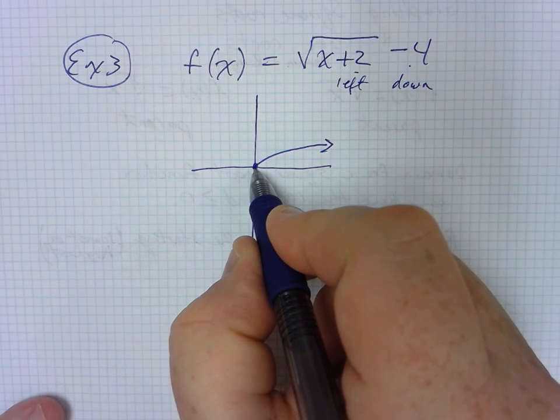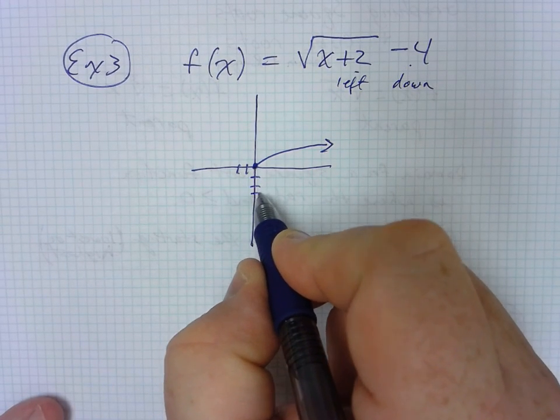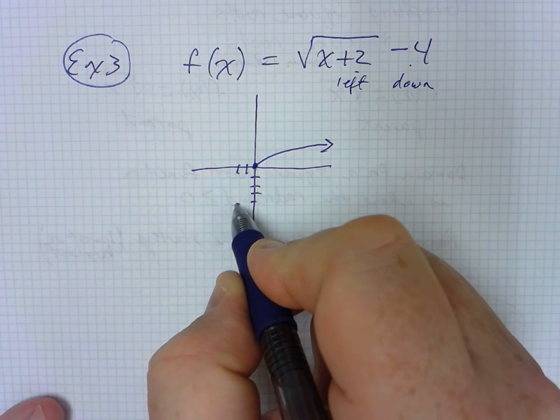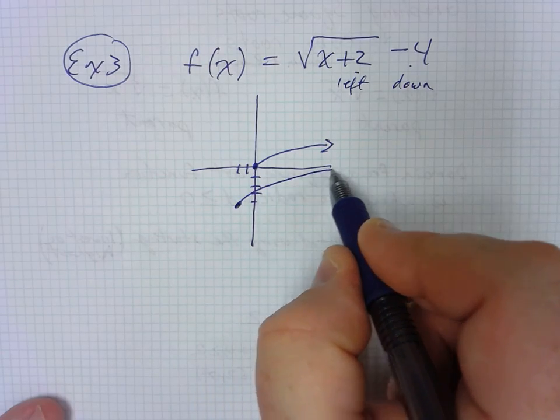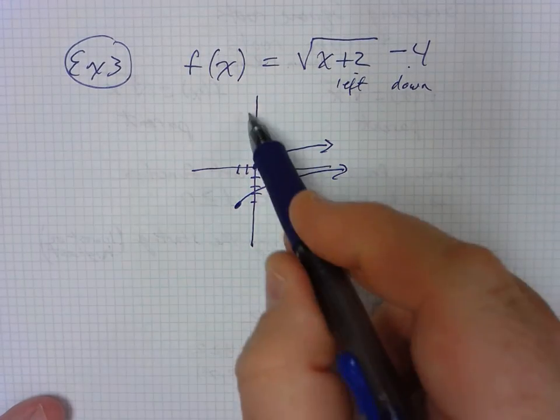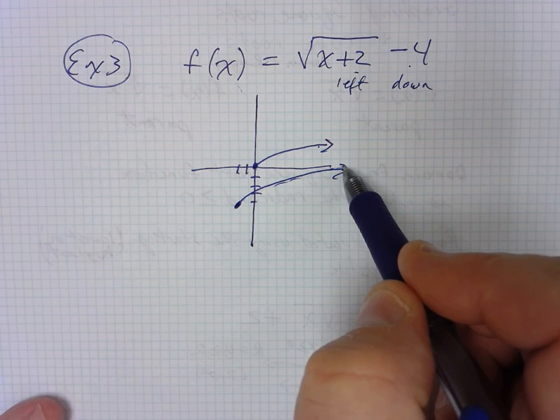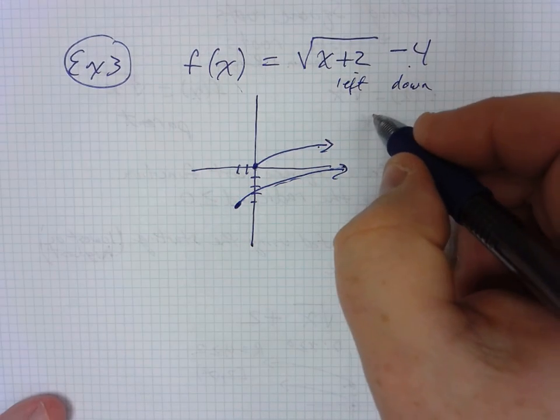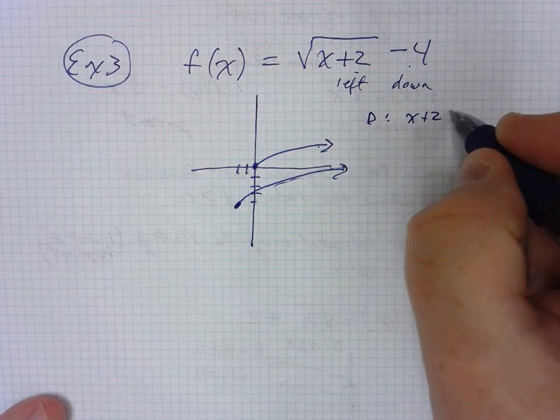So we're going to take the starting dot and move it 2 units to the left and 4 units down, which means that dot now moves to right about here. But the rest of the graph pretty much stays the same. So this is the parent function here, and this is the graph of the square root of x plus 2 minus 4.